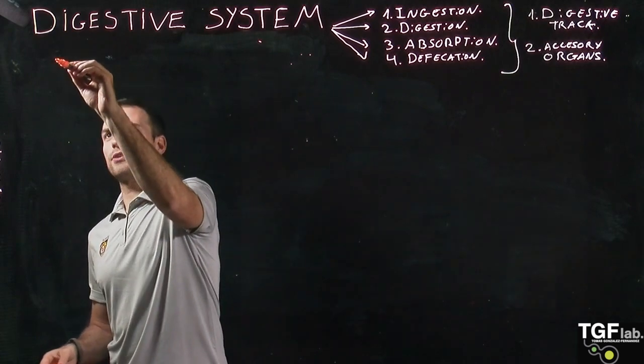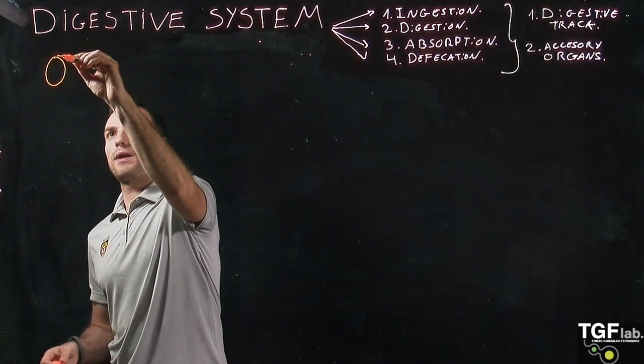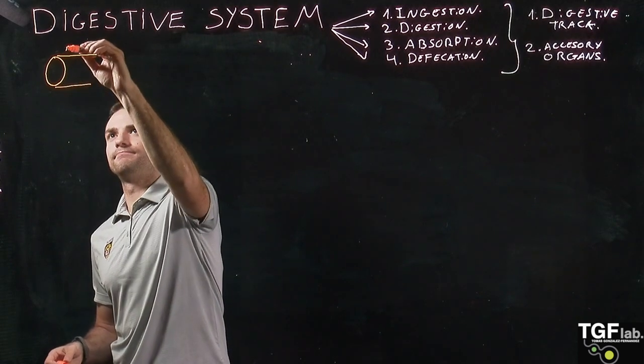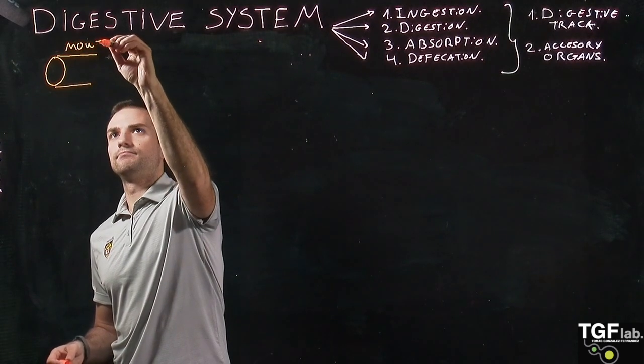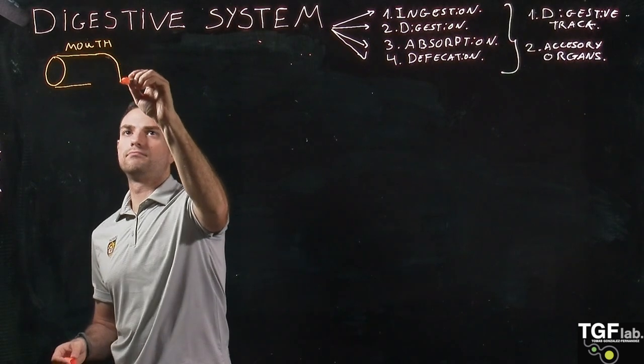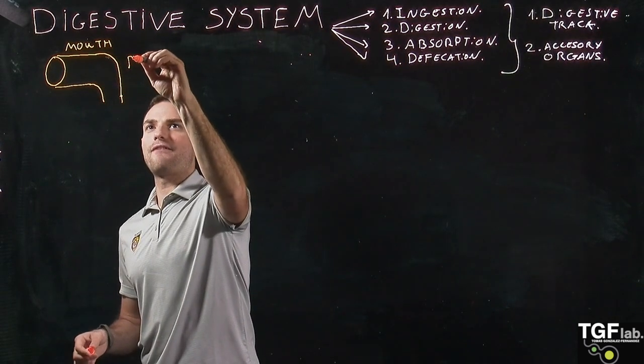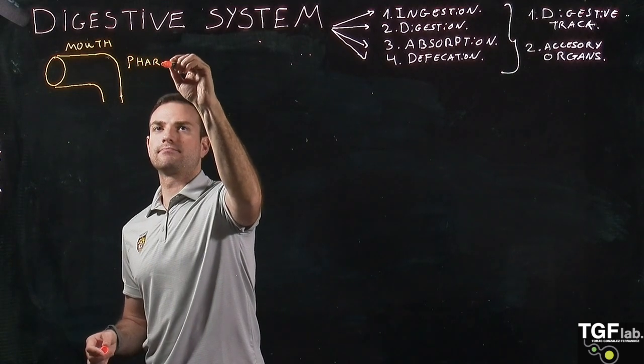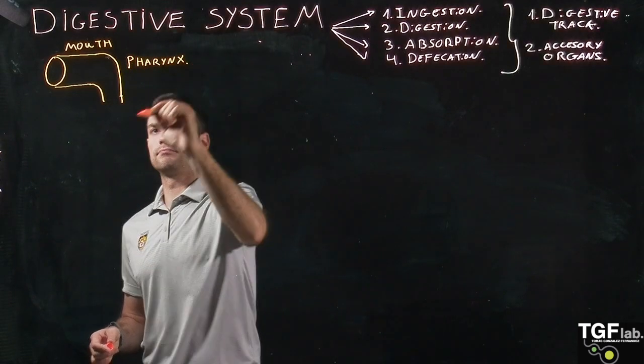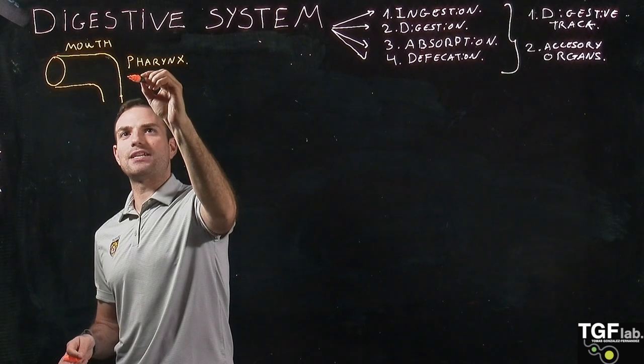So first here we have the mouth. Then after the mouth, we have the pharynx. Then we have the trachea.